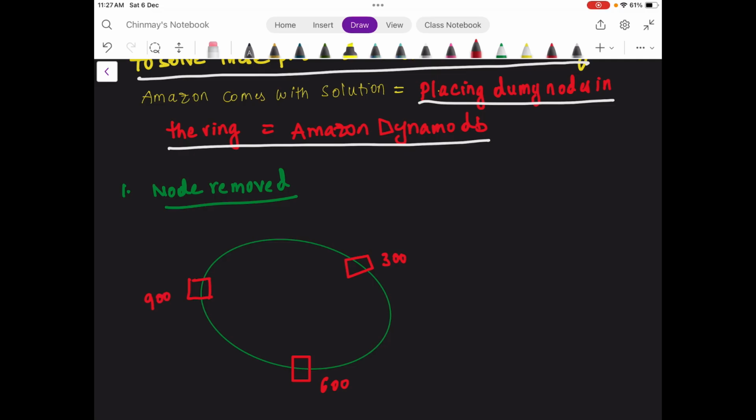The upper limit is 1000, the lower limit is 0. The keys from 900 to 1000 and 0 to 300 come to node 300. Keys from 300 to 600 come to the 600 node. Keys from 600 to 900 go to the 900 node. Very clear in this.